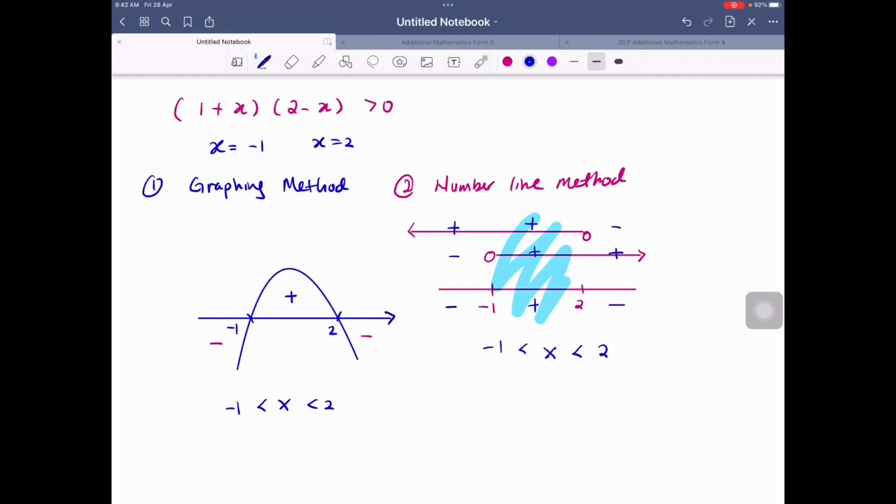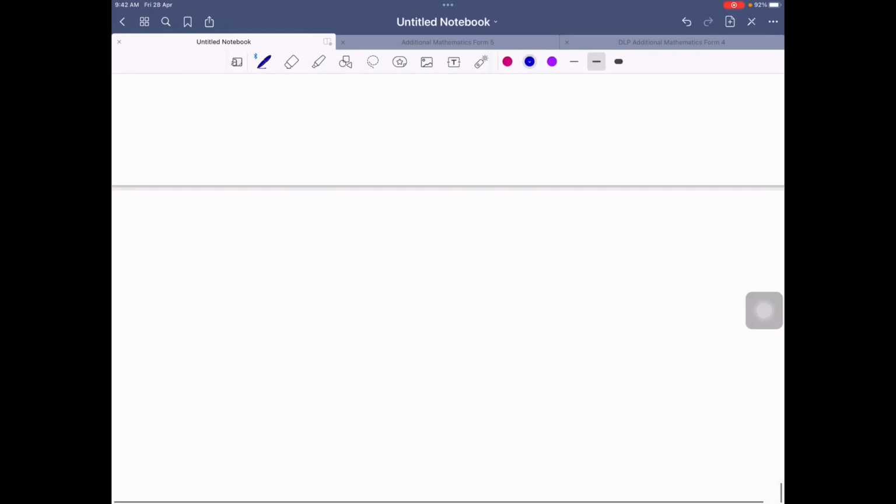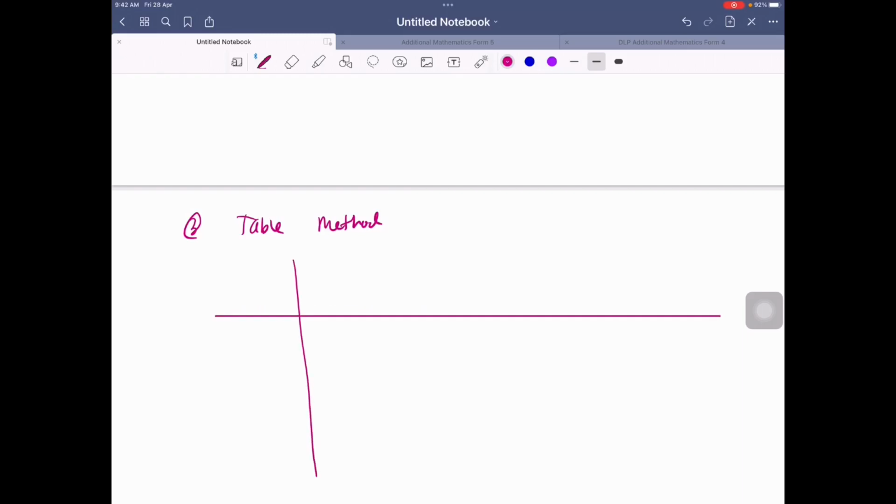Okay, now we go for the last part, the table method. Question number three. The table method. Draw the table again.